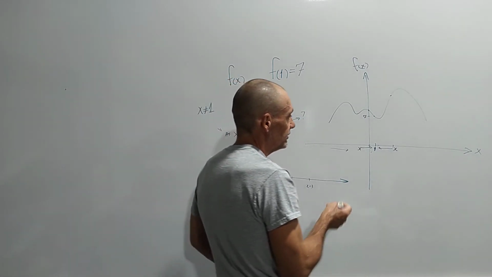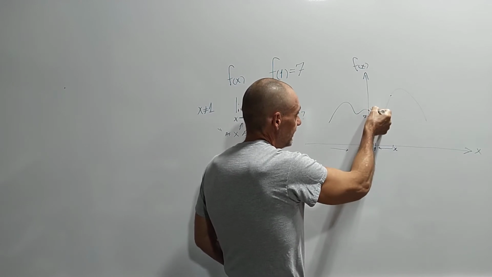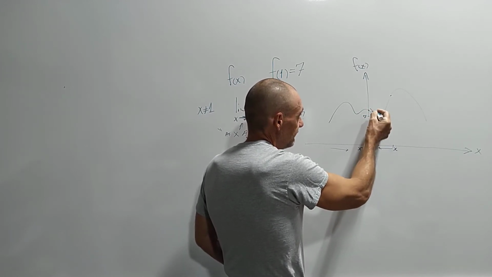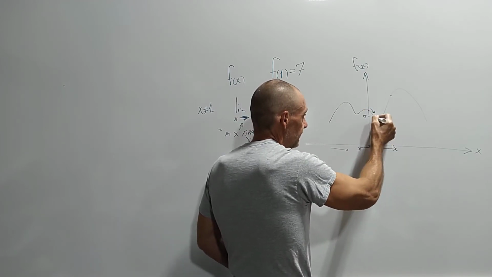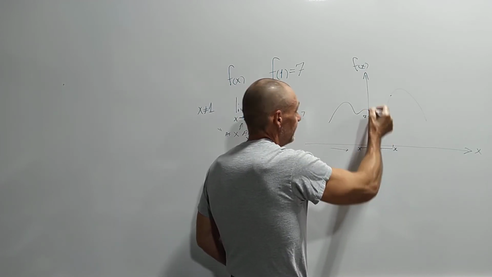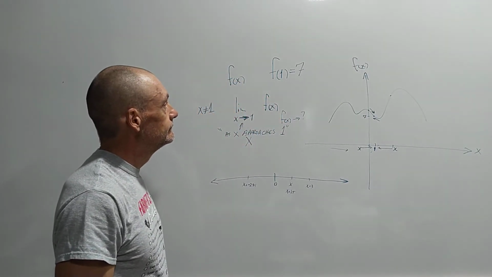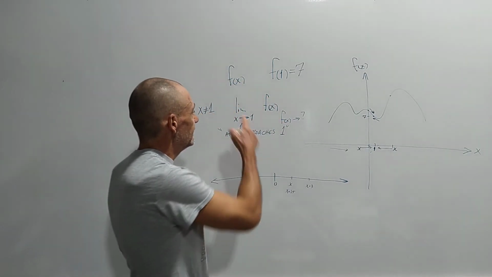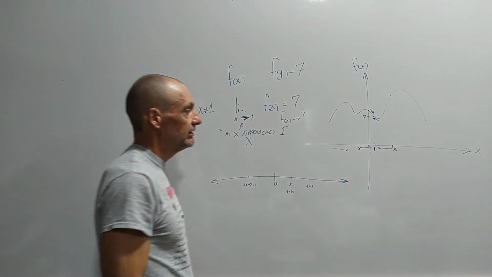So the question is, what's f of x doing? Well, f of x is heading towards 7. So no matter whether you're coming at it from the left or from the right, f of x is heading towards 7. So the limit as x approaches 1 of f of x is 7 in this case.